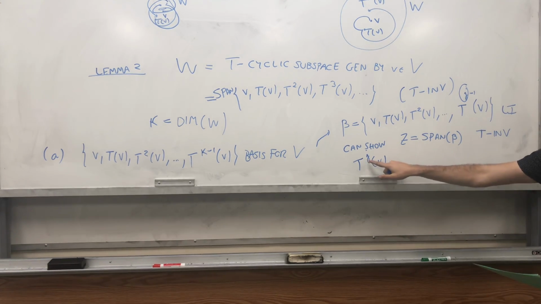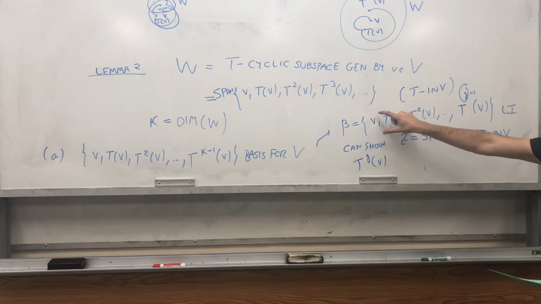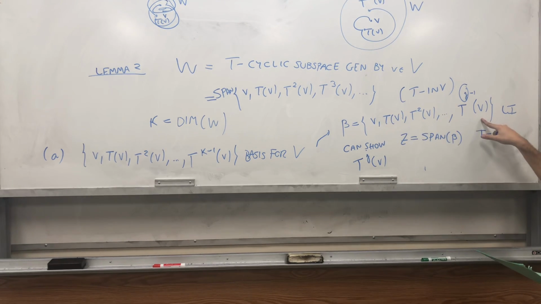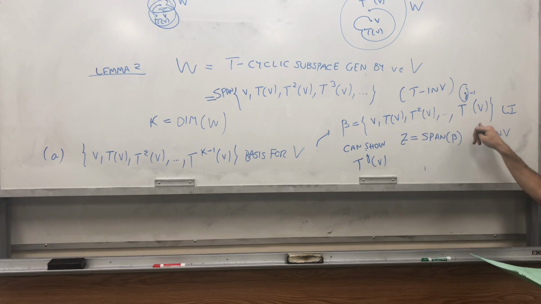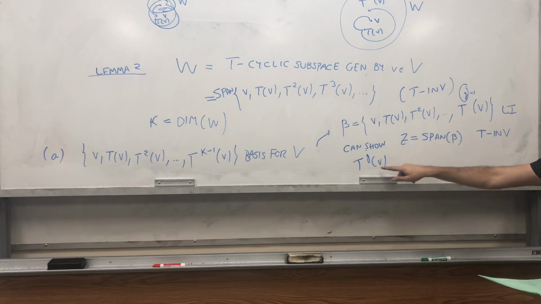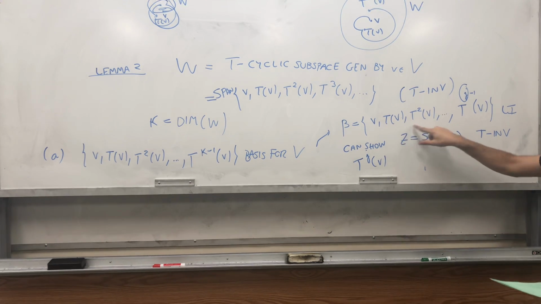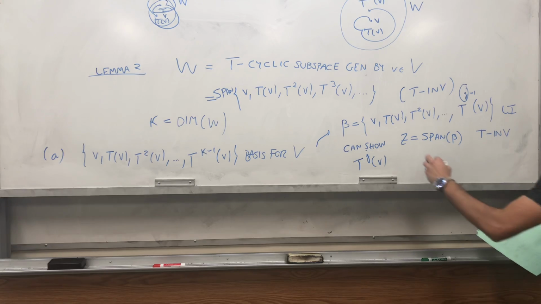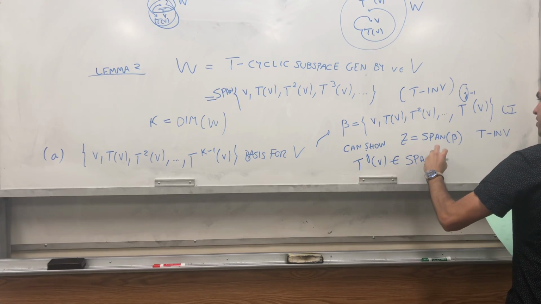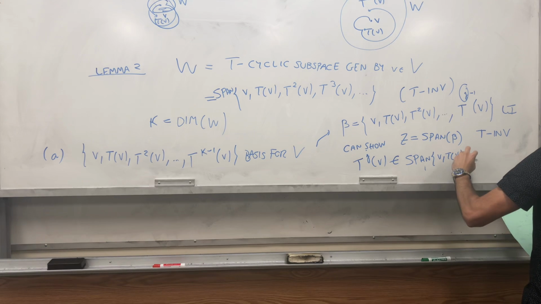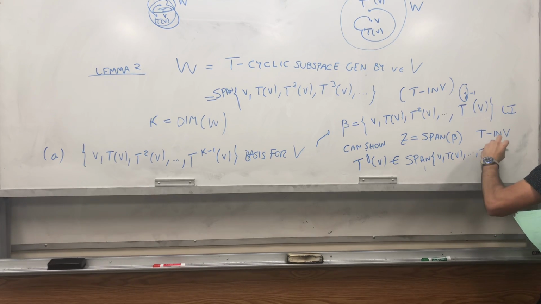In particular, if you consider v up to T^j of v, it's linearly dependent. And because this smaller set is linearly independent, but this bigger one isn't, you can write T^j of v as a linear combination of these other ones. So T^j of v is in the span of v, T of v, up to T^(j-1) of v.